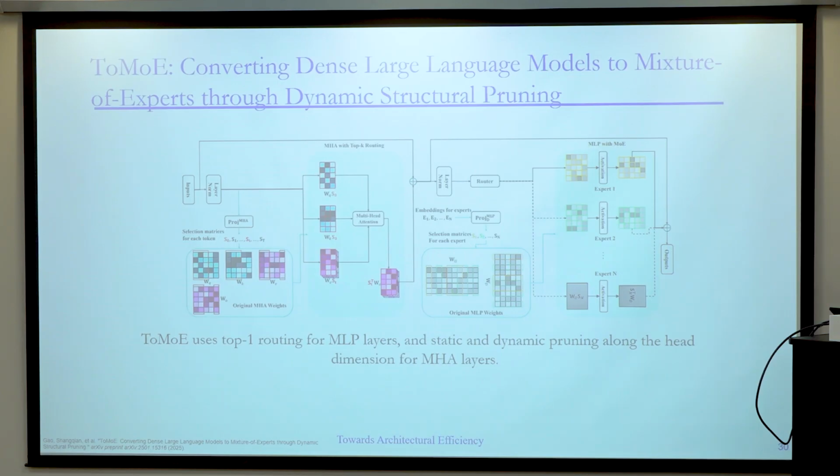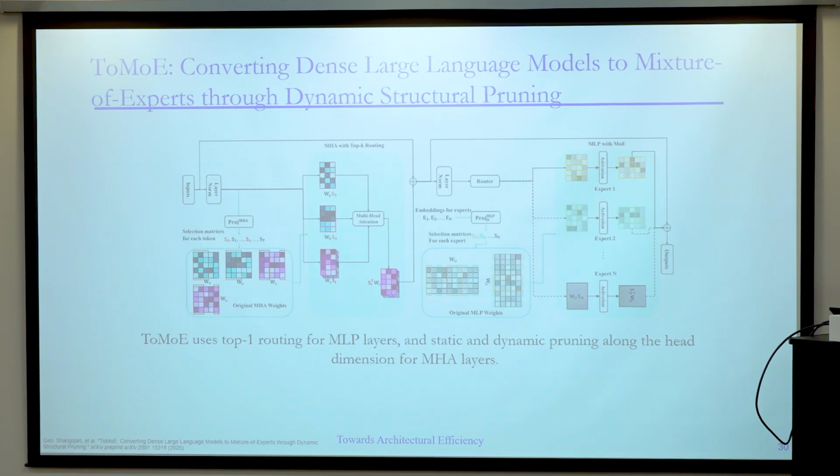You can basically look at the MLP layer, since this is where you convert the dense MLP layer to mixture of experts. Basically, we keep the original MLP weights and we use some mechanism to select a subset of the vectors from these weight matrices, and we construct experts based on these selected weight vectors.